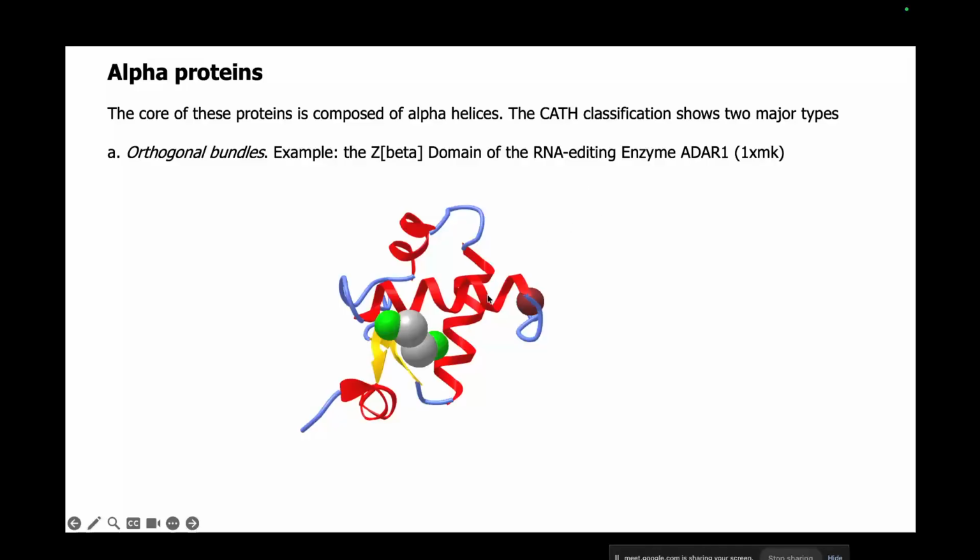So basically, these are bundles where you have, so these arrows are your beta sheets. Again, the spirals are your alpha helices, and these are mostly at orthogonal angles to each other. And the protein described here is the beta domain of the RNA editing enzyme ADAR1. So this is the idea of that enzyme.